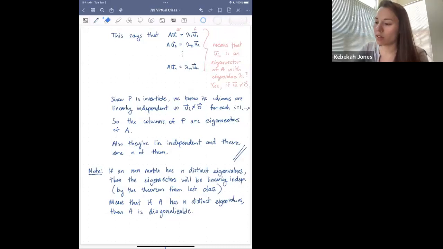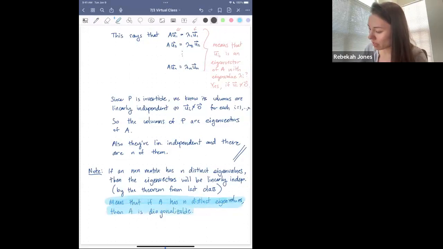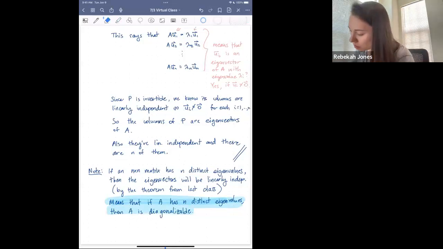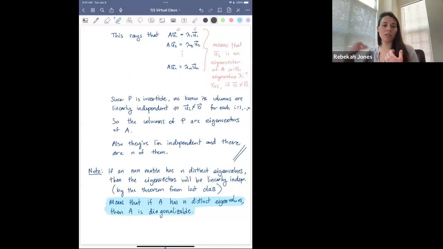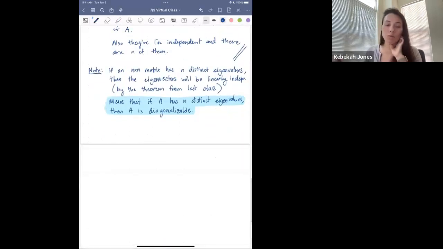This is a nice quick check: if you find the eigenvalues of A and you have no repeated roots, then you already know from this theorem that your matrix is diagonalizable. You don't need to further check linear independence. You can go ahead and move forward with your diagonalization.